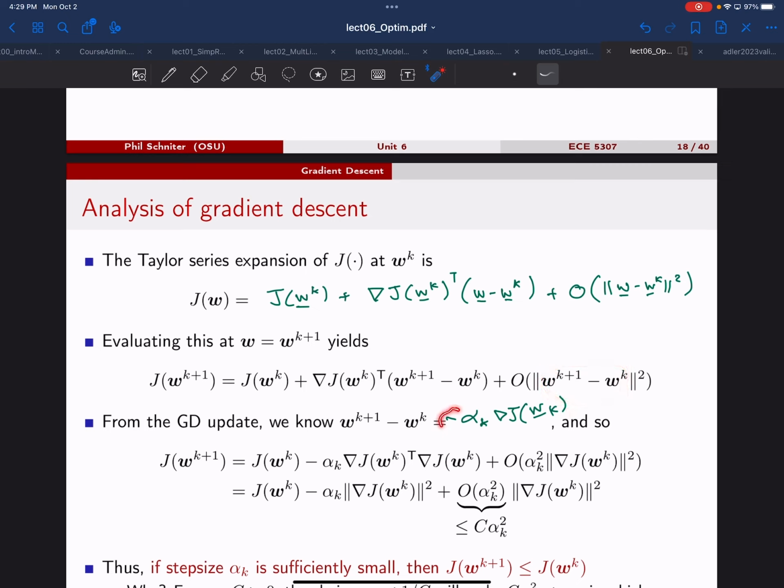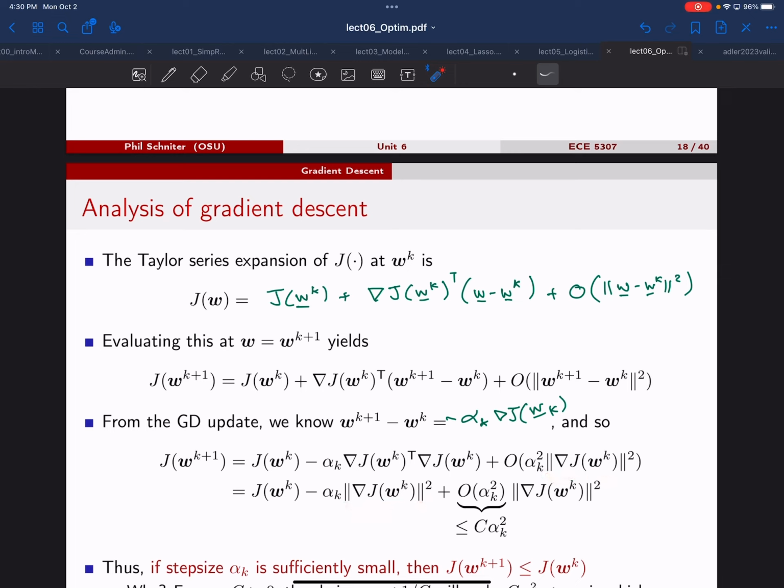The sign will not affect the size of the norm, and it's actually a norm squared. The alpha_k we can pull out of that norm, and it will get squared here. What's left in the norm is just the norm of the gradient. And over here, you might recognize this is also the norm of the gradient squared. So we have this norm of the gradient showing up in a couple of places.